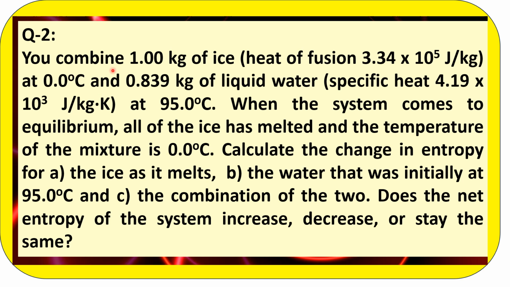Moving on to our last question, question number 2. You combine 1.00 kilogram of ice whose heat of fusion is equal to 3.34 raised to the 5th power joules per kilogram at 0.0 degrees Celsius and 0.839 kilograms of liquid water whose specific heat is 4.19 raised to the 3rd power joules per kilogram Kelvin at 95.0 degrees Celsius.